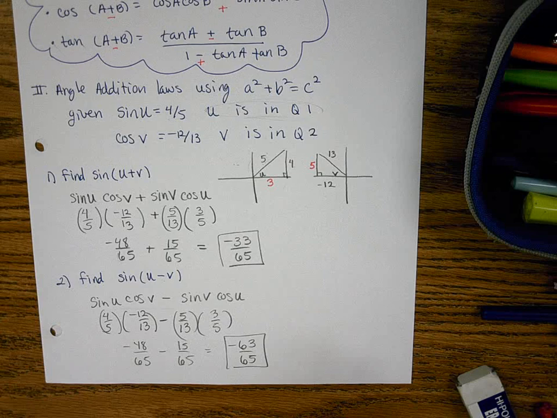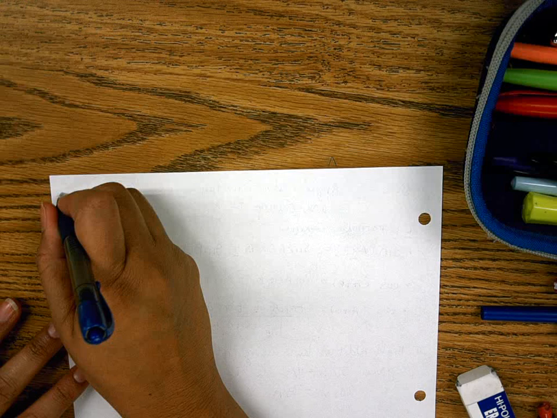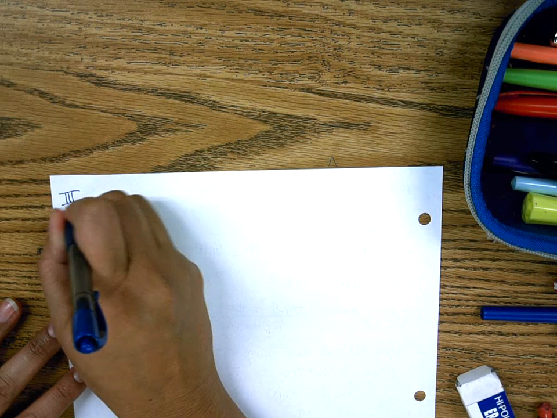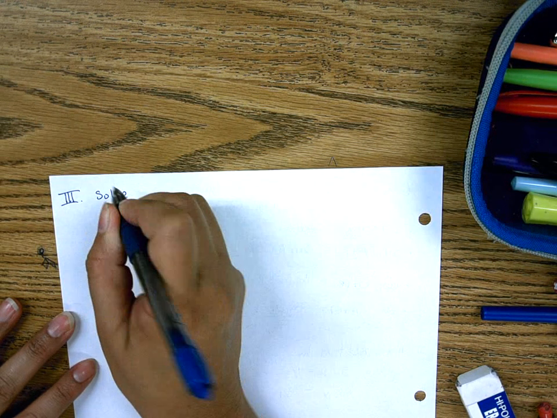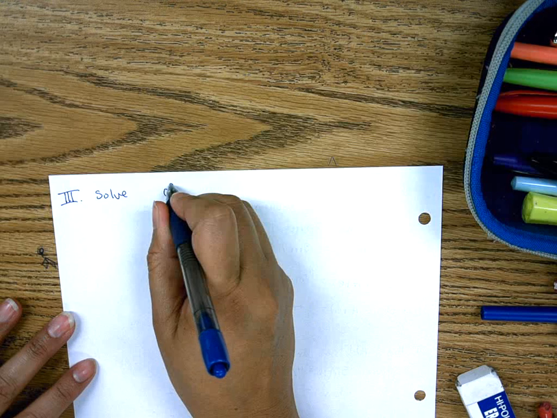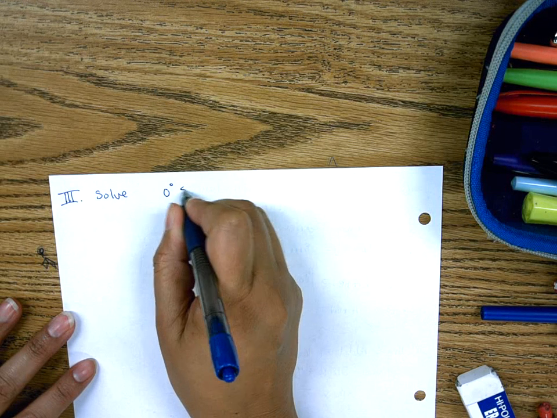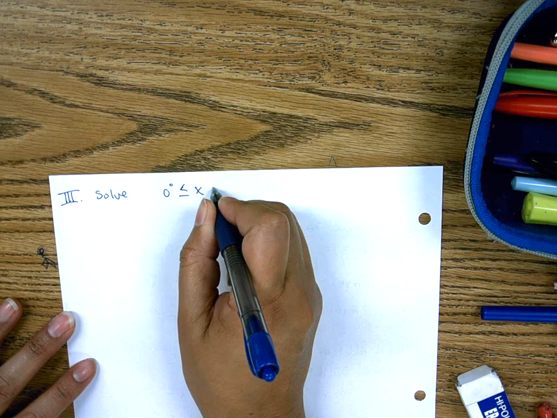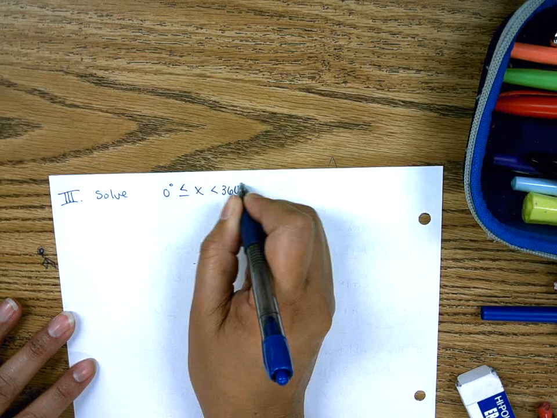Okay, part 3, solve. Same thing we had on the last unit. 0 degrees is less than or equal to x, which is less than 360 degrees.